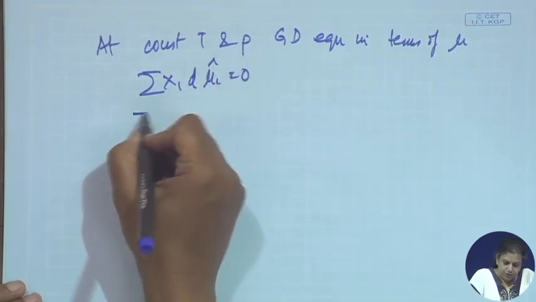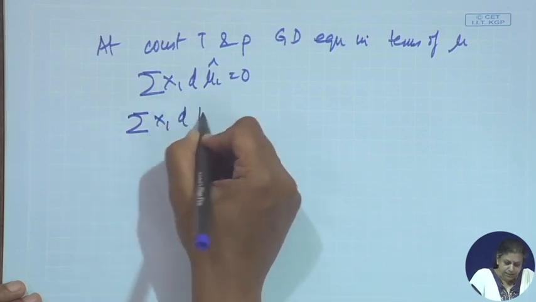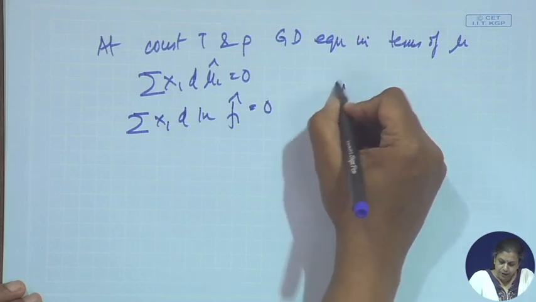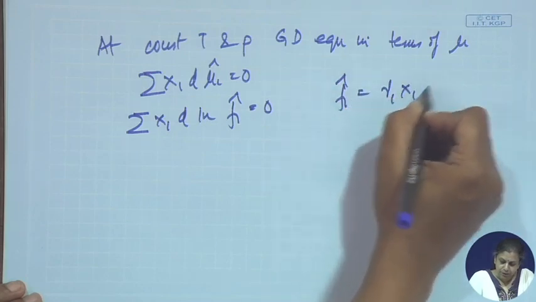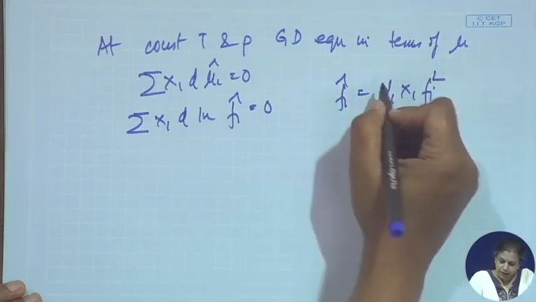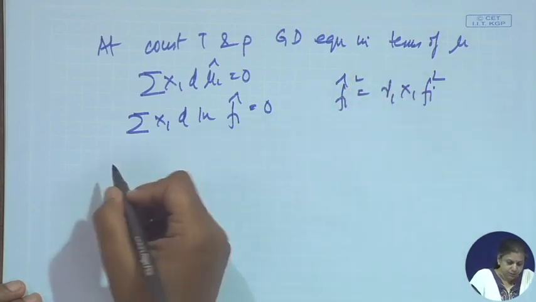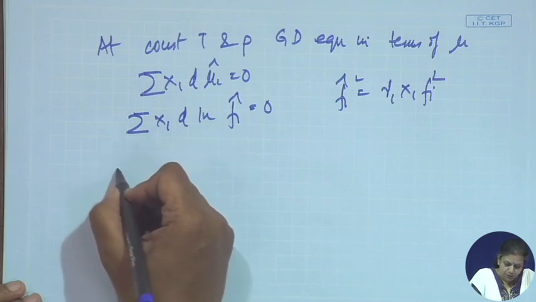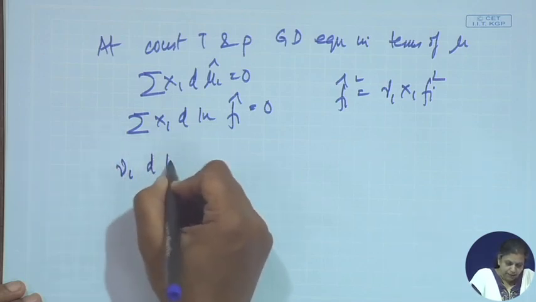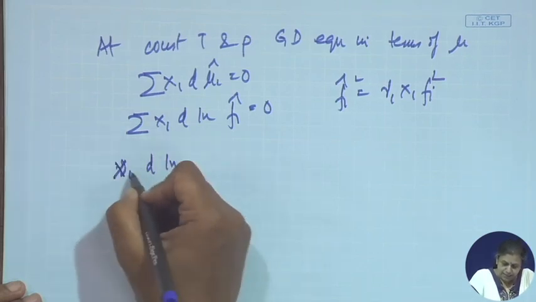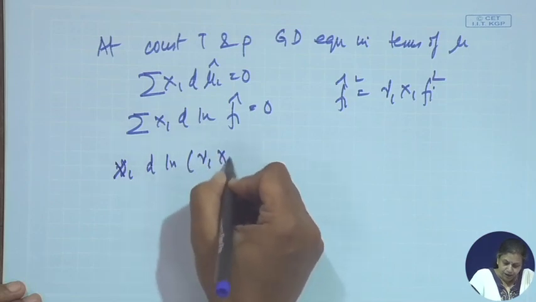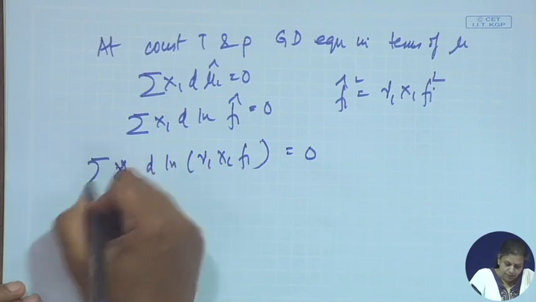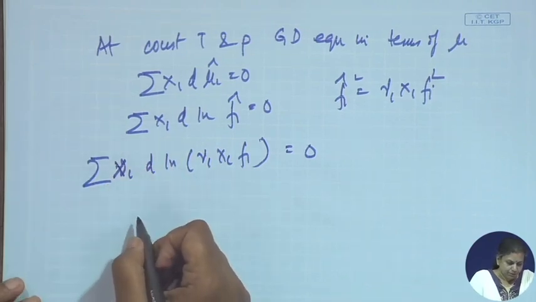In terms of fugacity, this becomes xi d ln fi bar equals 0, right. We know fi bar is nothing but equal to gamma i xi fi. Everything is for the liquid phase if you take. So, can I not write it down in this particular way, xi d ln gamma i xi fi, sigma, this equals 0, right.